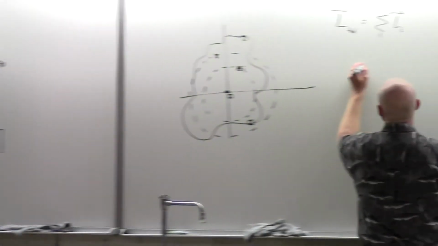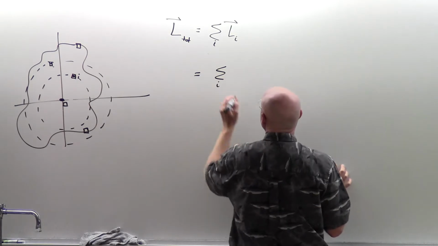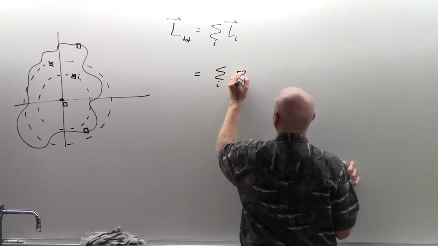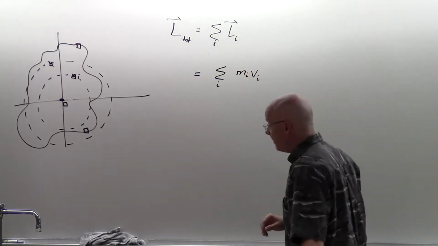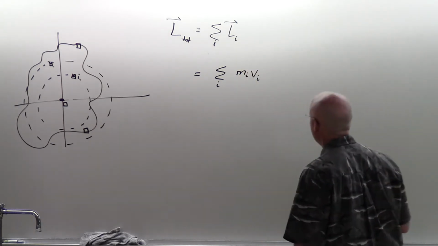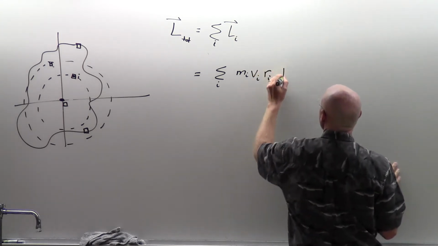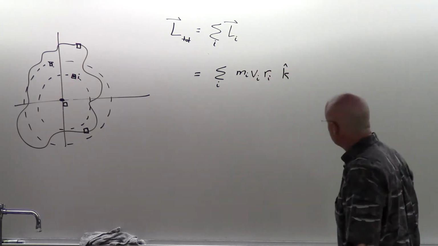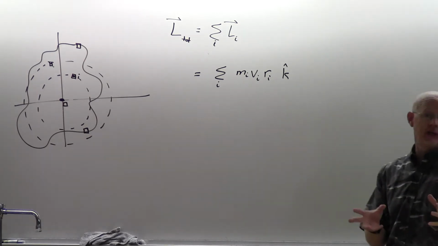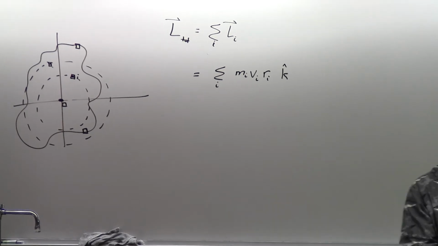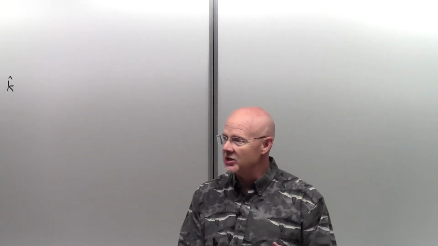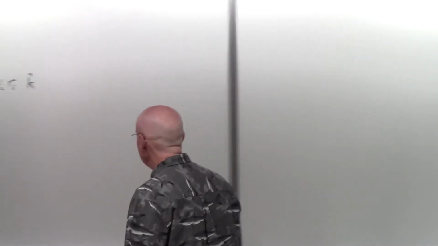And so if I add them up, I would be saying add up the mass of the ith piece, the velocity of the ith piece, and the radius of the ith piece. And fortunately, they all have angular momentum in the same direction. And so when we go to add up vectors, that is really nice when all the vectors are in the same direction. There's no components to have to worry about.